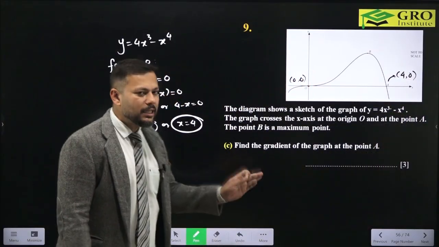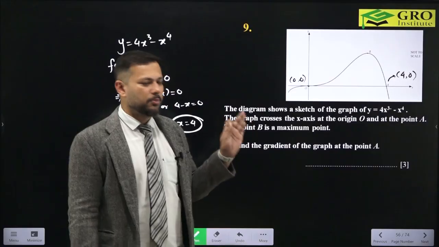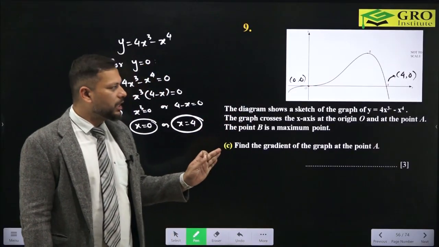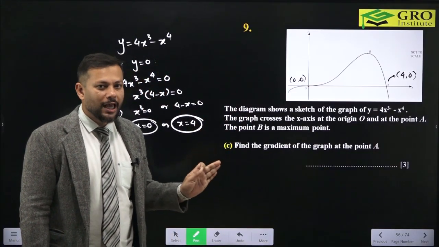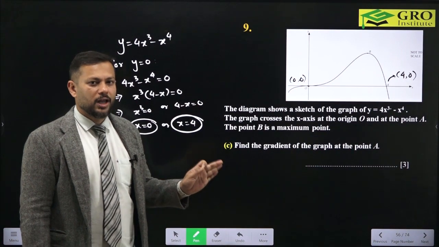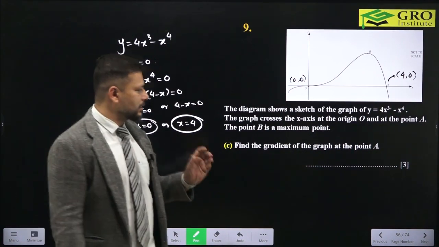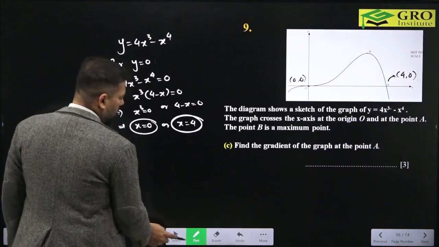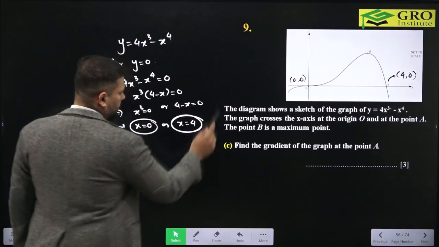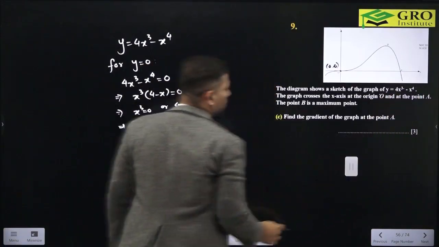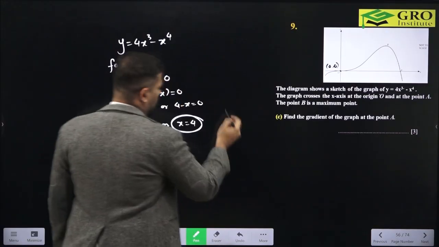To find the gradient of this equation at point A, we need to put the value of x as 4 in the differentiated equation, or I should say dy by dx. So let us do that quickly as well.